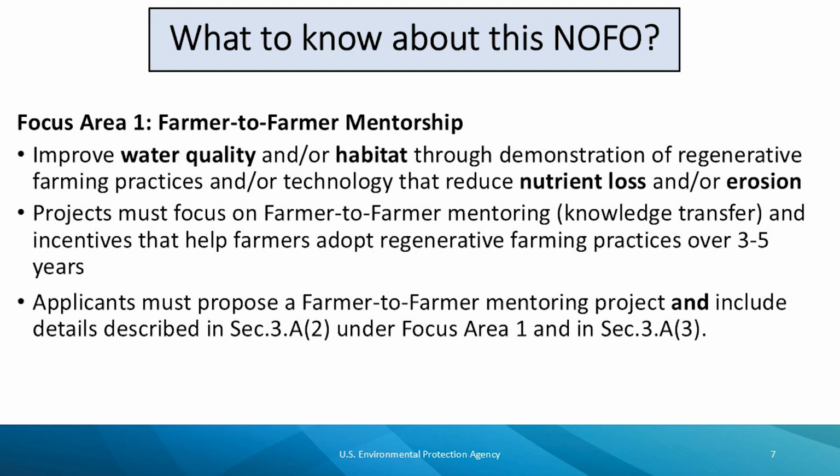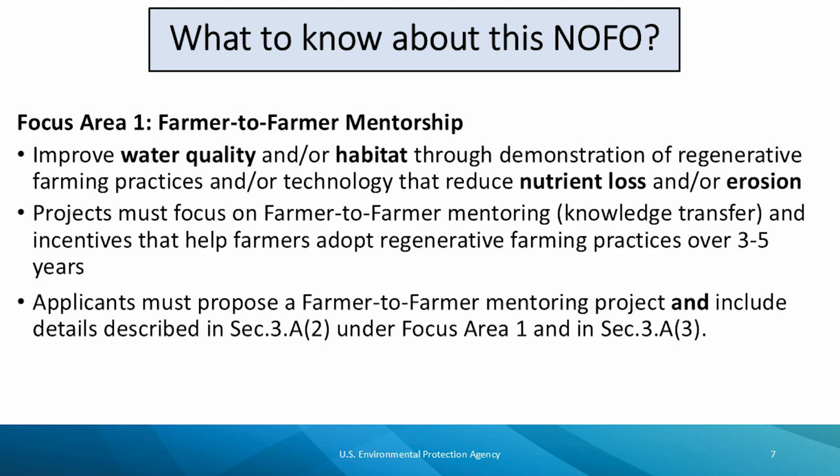What to know about this NOFO, Focus Area 1, Farmer to Farmer Mentorship. Farmers are more likely to adopt regenerative practices when there's a strong network of support available and when information comes from a trusted source. Applications submitted under the Farmer to Farmer Mentorship focus area should help farmers adopt regenerative farming practices through knowledge transfer among farmers.